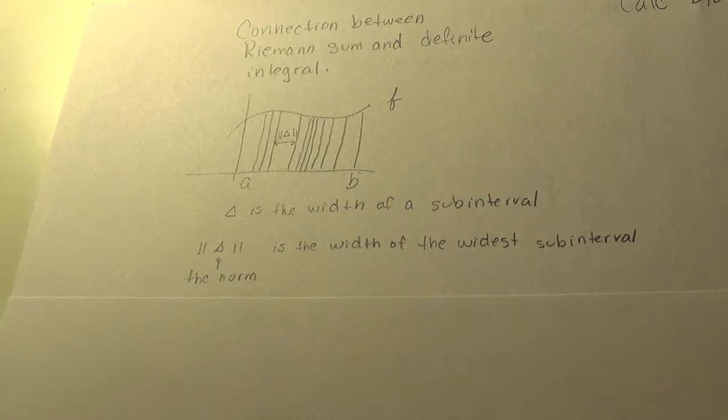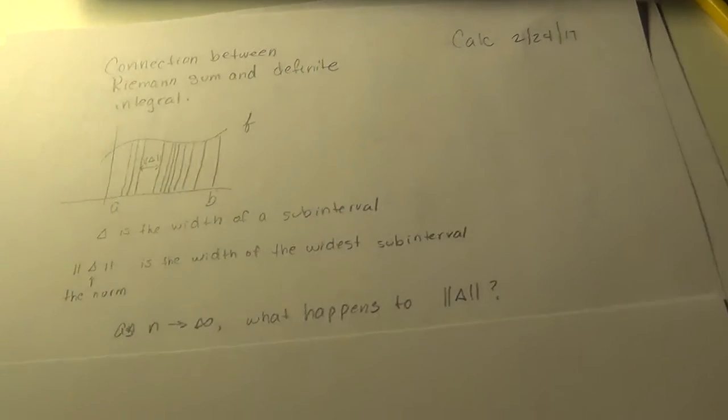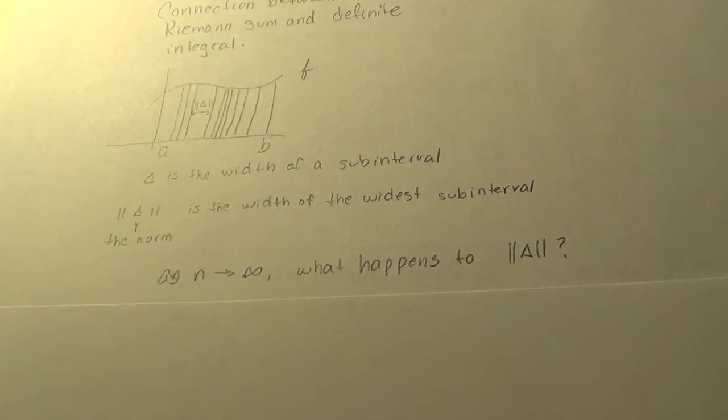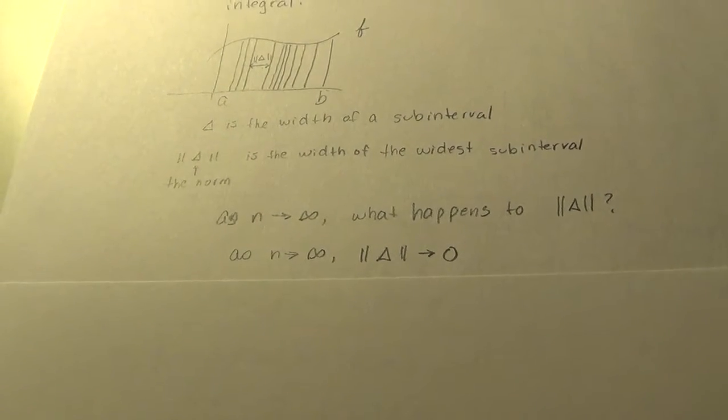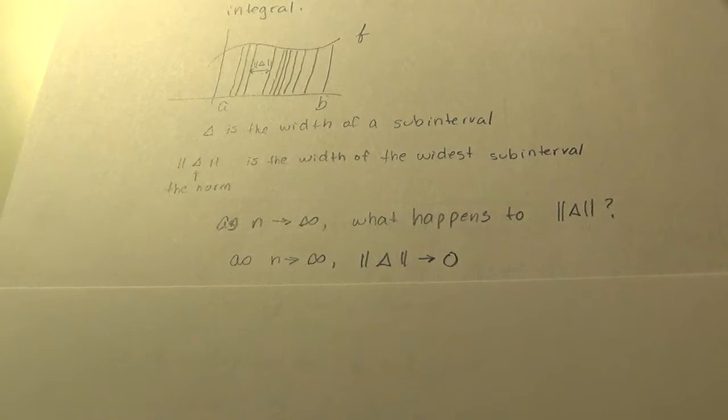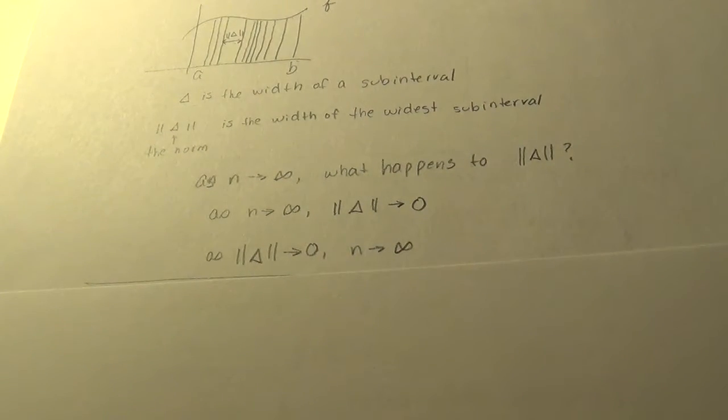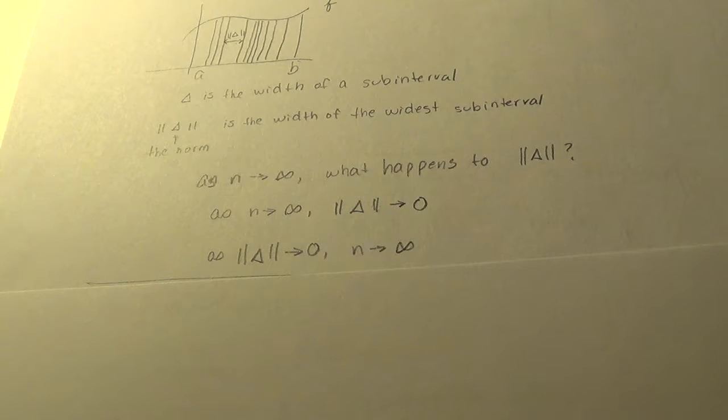As the number of subintervals increase, that norm, can you foresee what it's going to be? As n goes to infinity, what happens to the norm? As n goes to infinity, the norm will always go to 0. So this is how we will think of it, and as the norm goes to 0, n goes to infinity.